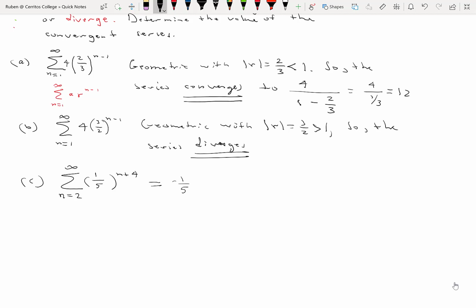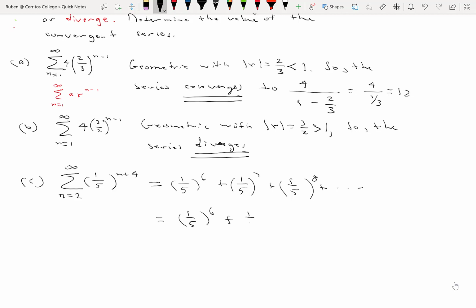The next term, when n equals 3, I have 1/5 to the 7th power, then plus 1/5 to the 8th power, plus ... So this is 1/5 to the 6th.